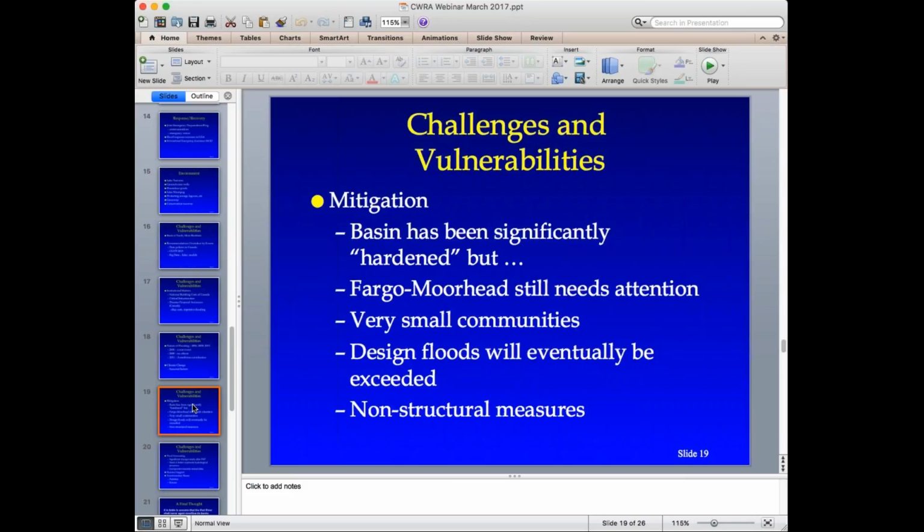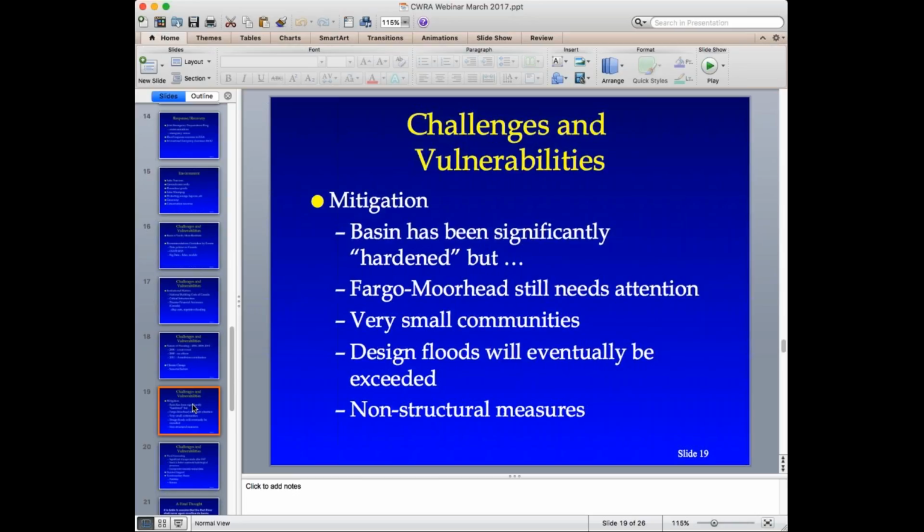The other challenge related to depending so much on structural measures to avoid flood damages is that at some point, no matter what structural measure you put in, its design flood will eventually be exceeded.